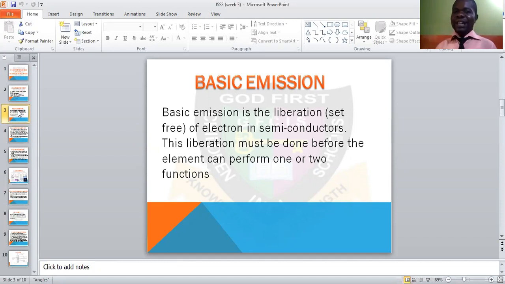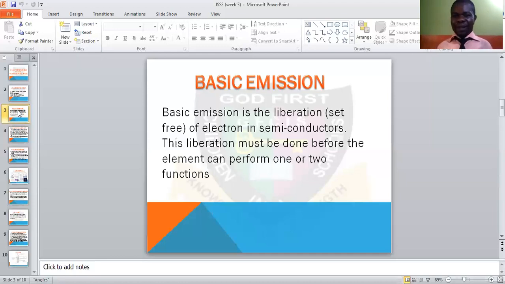Basic emission is the liberation, which means setting free, of electrons in semiconductors. This liberation is to release electrons from a semiconductor or an electronic device. It must be done before that particular device can perform 1 or 2 required functions.